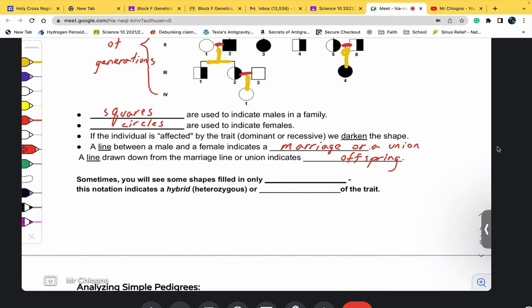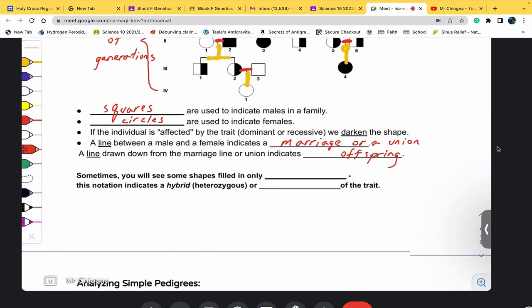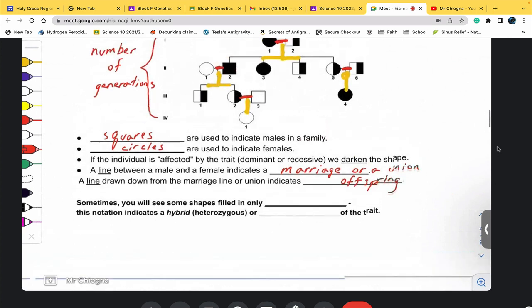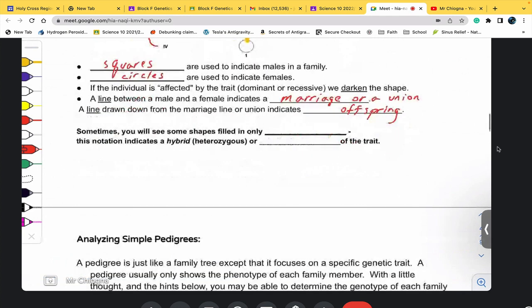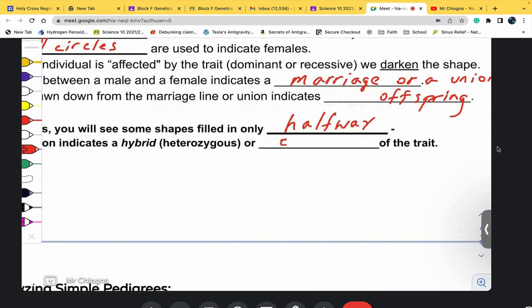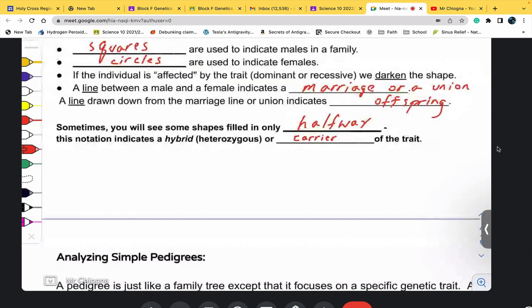So a line again that's drawn down from the marriage line vertically. The yellow lines there that I drew indicate the offspring. Sometimes you'll see some shapes filled in only halfway, and this notation indicates a hybrid or carrier of the trait.